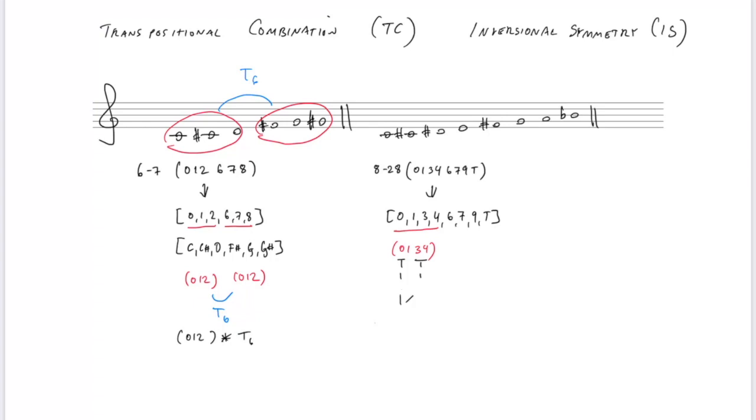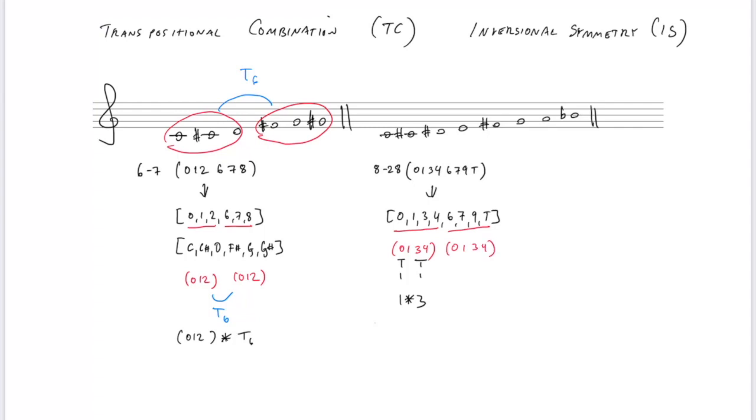And this is a 1 asterisk 3. Now, if we go larger, then we will also find that 6, 7, 9, 10 is also 0134. And here we are, just go minus 6. So we have 0, 1, 3, and 4 right here.